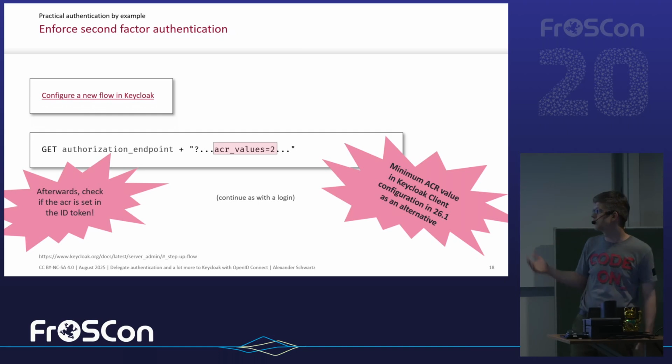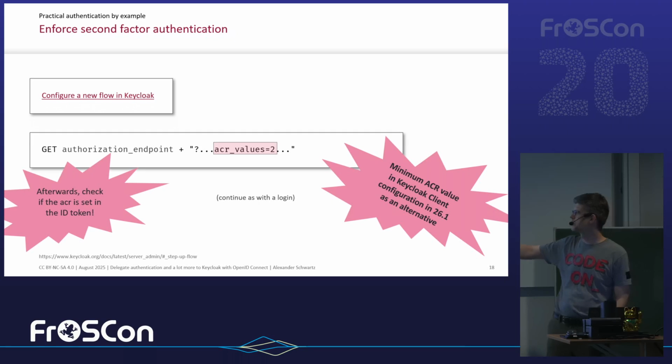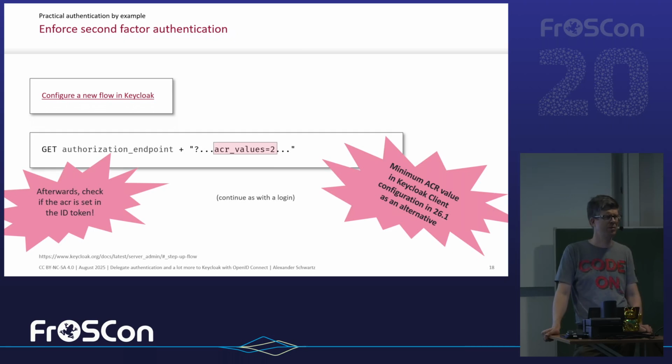So what you should really do if you're relying on this ACR value that the second factor has been processed, then you should really check, when a user is coming back, in the ID token that Keycloak put in there, the ACR value that you actually expected to be there, and when it's there, you can really trust that value. Once you get it back from Keycloak, you can trust it has been done correctly. But sending this message to Keycloak as part of the URL, you can't trust that to be relayed to Keycloak, especially when you're using a single-page application that is controlling the browser. Does it make sense? I hope. Maybe some nodding would help me. Okay, thank you.